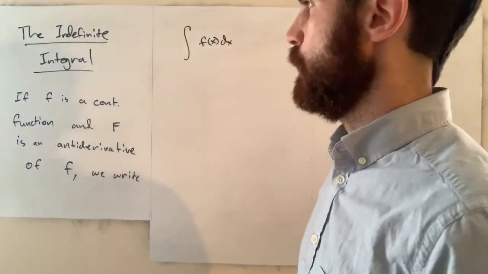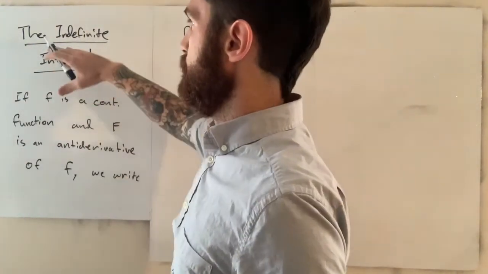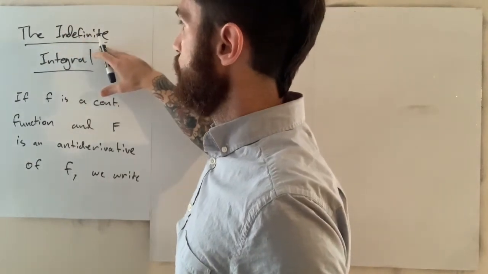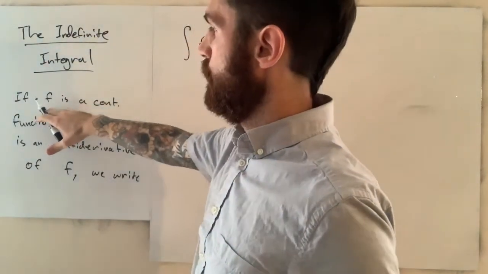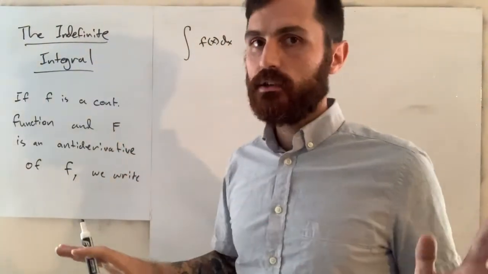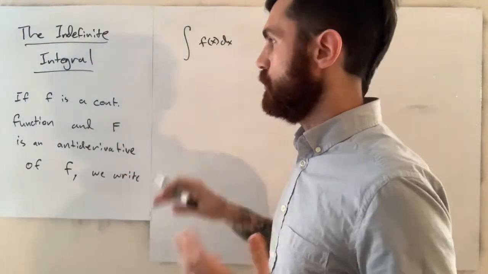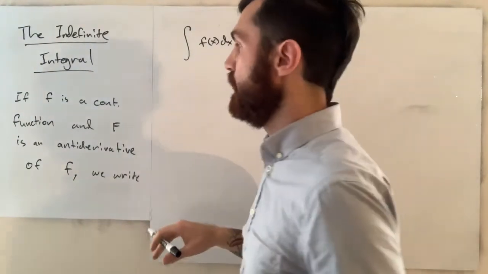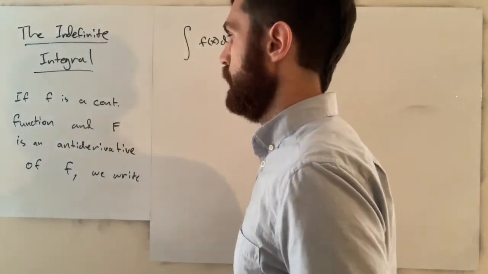So a lot of times what we do is if we have a function f and we know an antiderivative, so this isn't unique. Remember, antiderivatives, there are usually a lot. There are an infinite number of antiderivatives of a function.